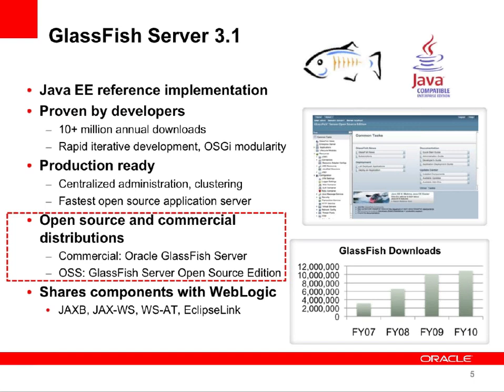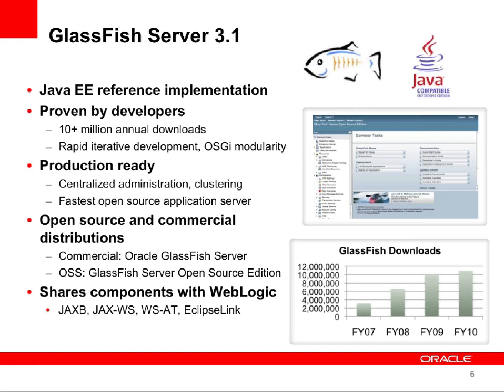There's also a third, which is the Java EE SDK, which is a developer bundle that includes some tutorials as well and some additional documentation. What I'll be doing throughout this presentation is making sure that you understand which features are available in open source and which features are available only with Oracle GlassFish Server. Some features are only available in the commercial distribution, but the core features such as clustering and centralized administration are available in the open source distributions.